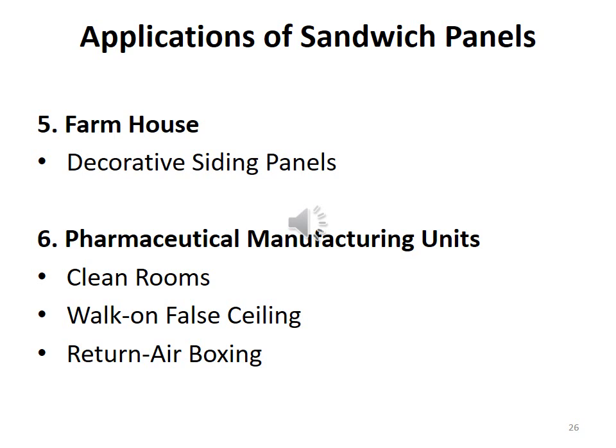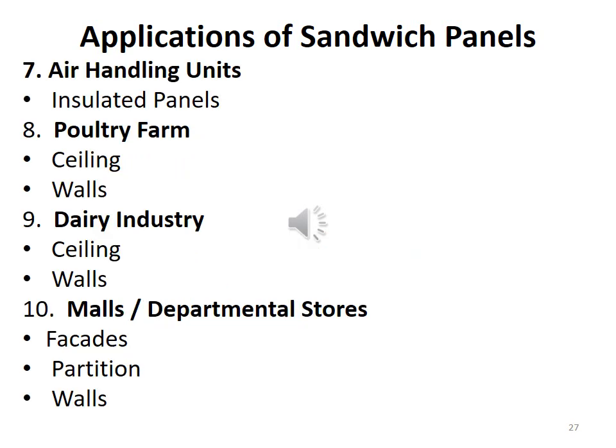These sandwich panels are used in the cleaning room and return air boxing and walk on false ceiling. These sandwich panels can be used in a variety of other places, like air handling units, poultry farms, dairy industries, malls, and departmental stores.